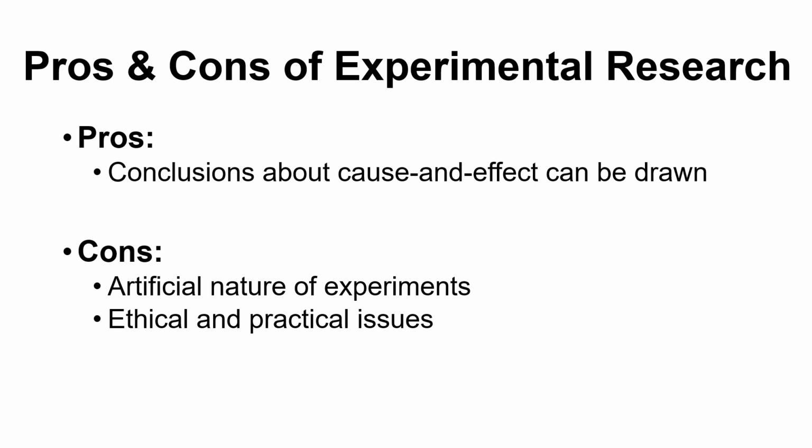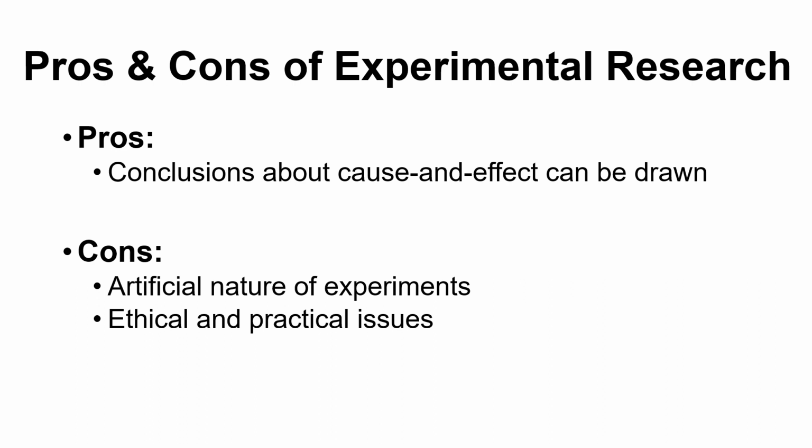So we have to consider, do the results that we collected in the lab actually apply to the real world anymore? Or does it only tell us something about how this works in a controlled environment? And there might need to be follow-up experiments to bridge the gap between the two. There are, of course, also ethical issues and even practical issues.